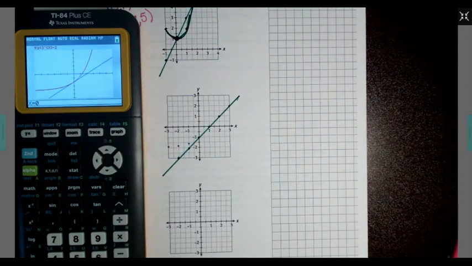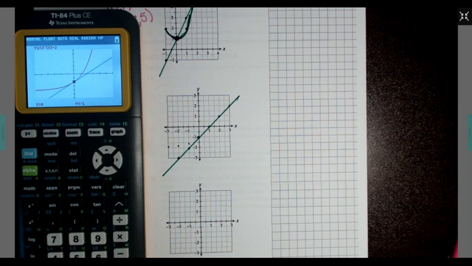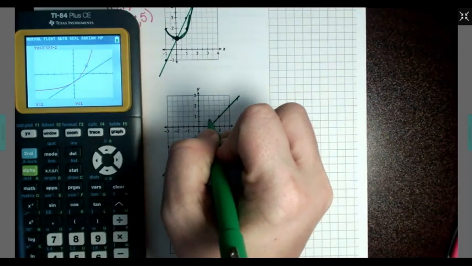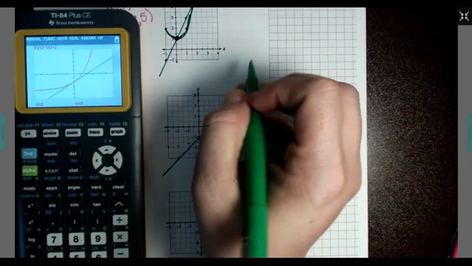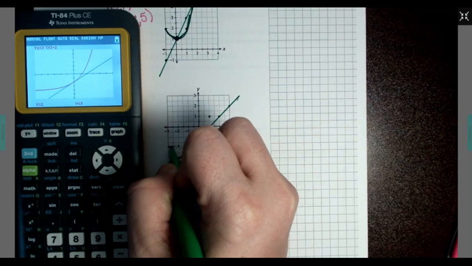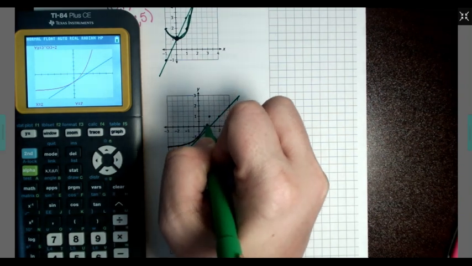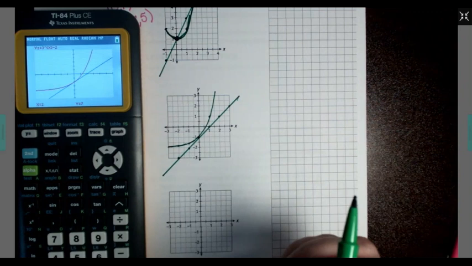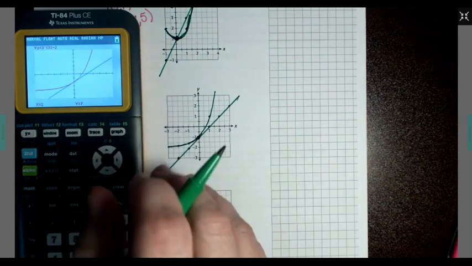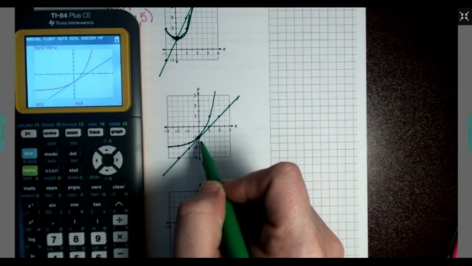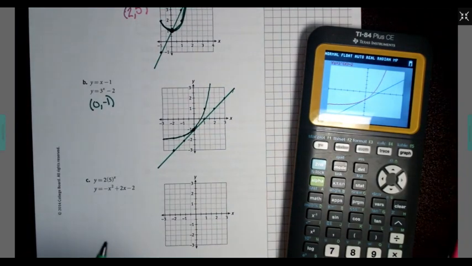All right, we've got 0. 0 is at -1. Then at 1, 1 is at 1. And my guess is 2 is going to be off the grid. So this function looks like it goes like this. Their only point of intersection is at 0, -1.